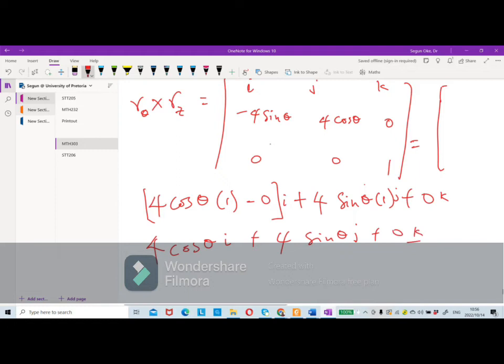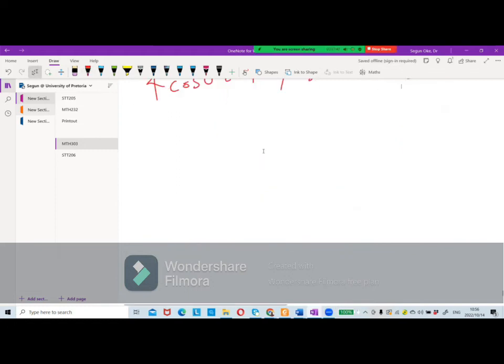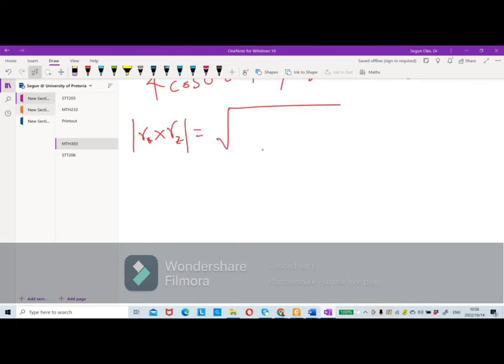Now we need to find the modulus, the magnitude. What is the formula for this? Square root of x squared plus y squared plus z squared.